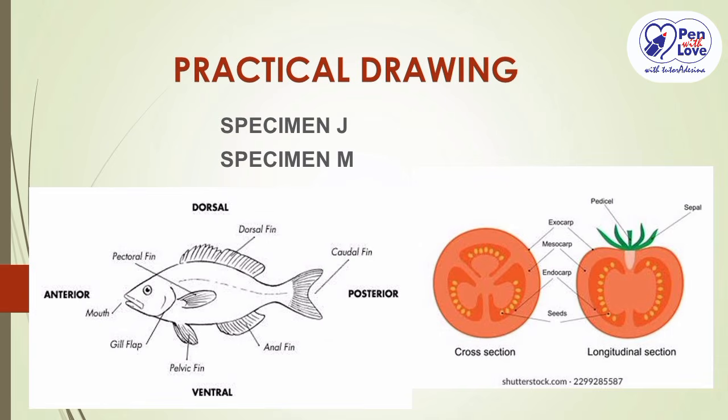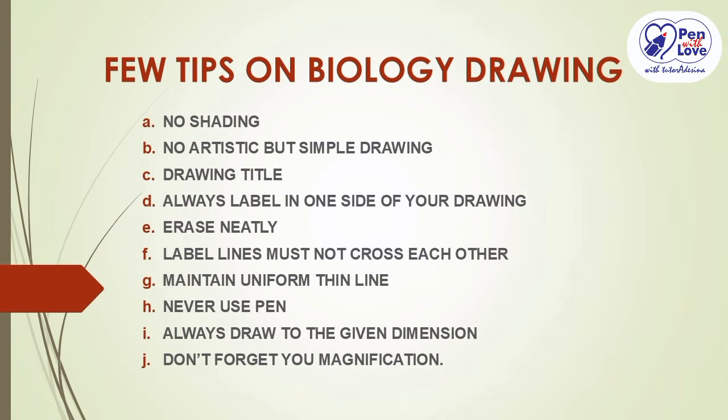Now, before we end this class, let me quickly chip in a few tips for biology drawing. In biology drawing, you are not to shade, no artistic drawing, but simple drawing. You must have your title below, then always label on one side of your drawing.